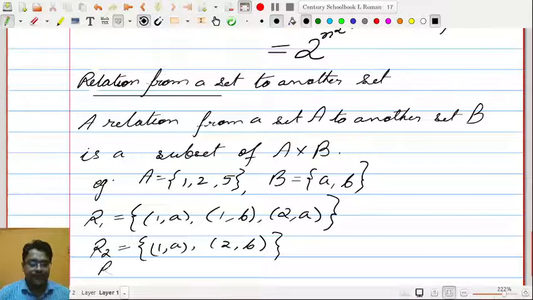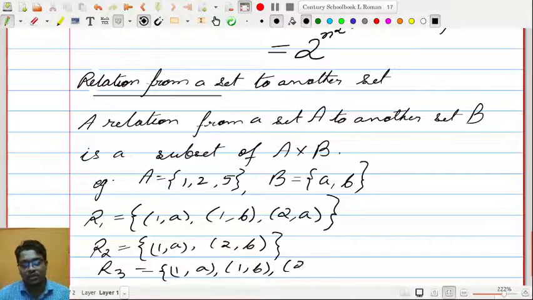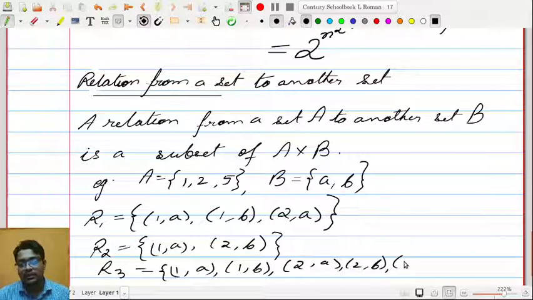I can take another relation as R3 equal to 1 related to a, 1 related to b, then 2 related to a, 2 related to b, then 5 related to a, 5 related to b.